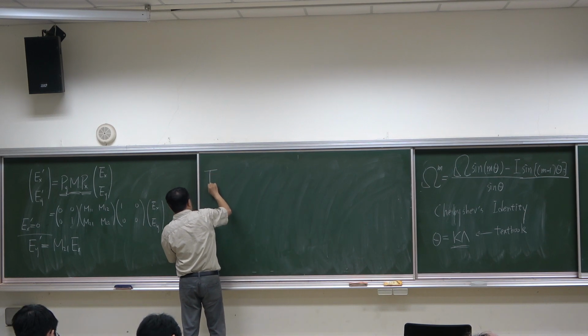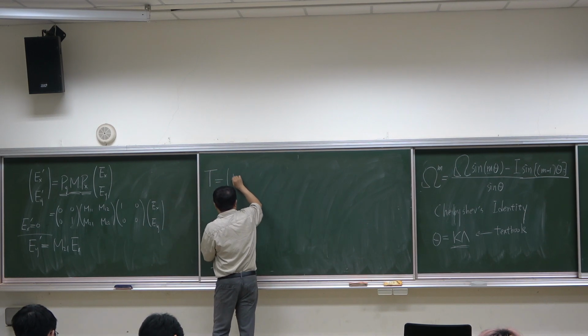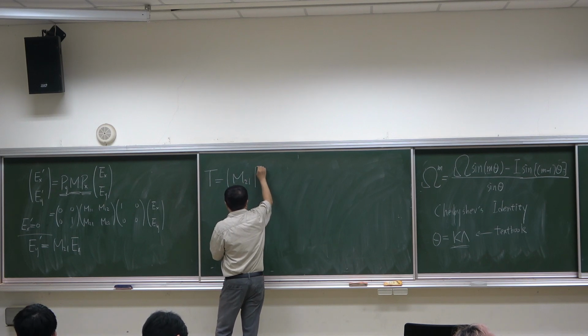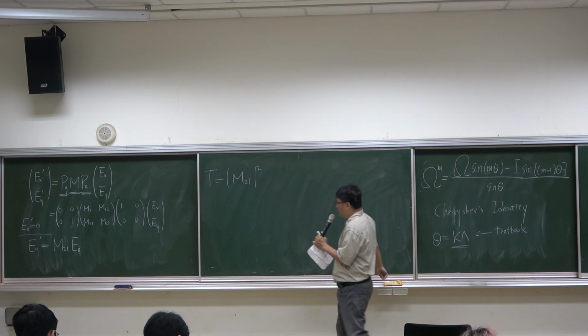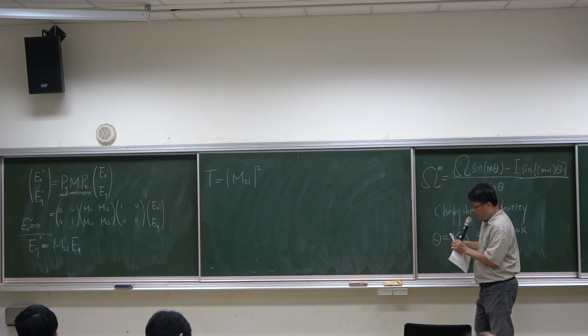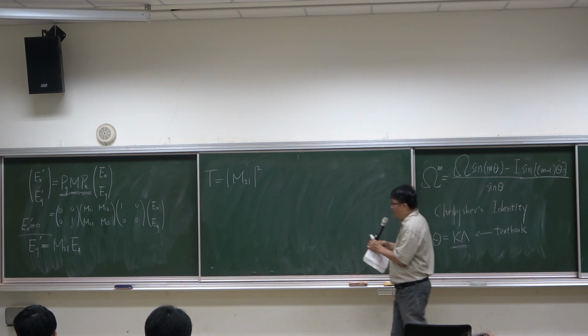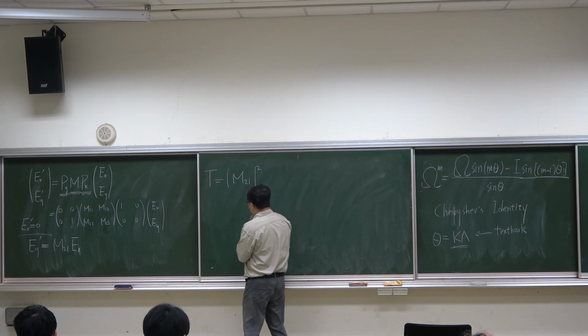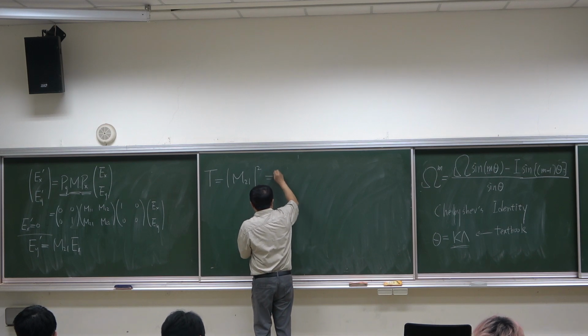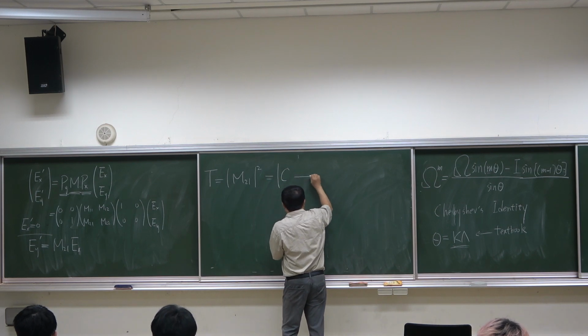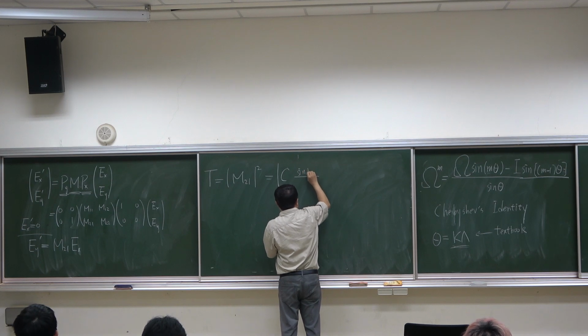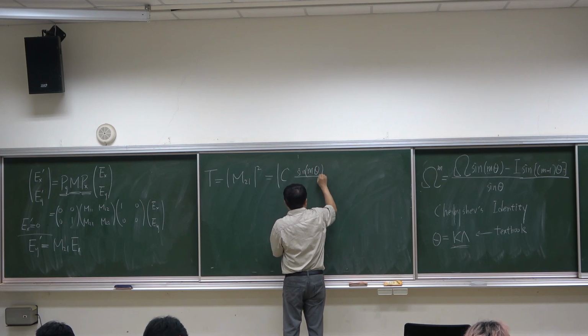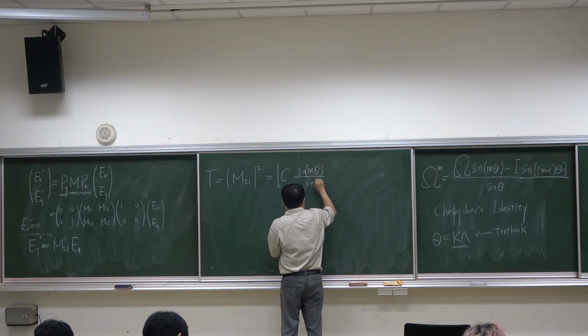The transmission coefficient T is equal to the absolute square of the M21 element. But M21 is just C times sine m theta over sine theta.